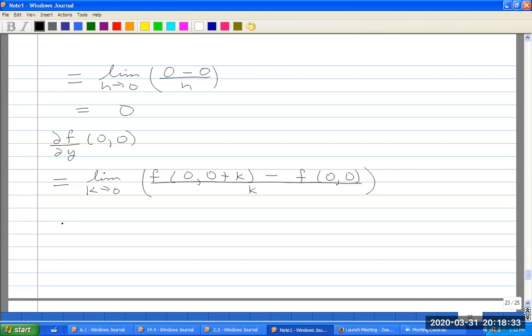So this is equal to the limit as k goes to 0.